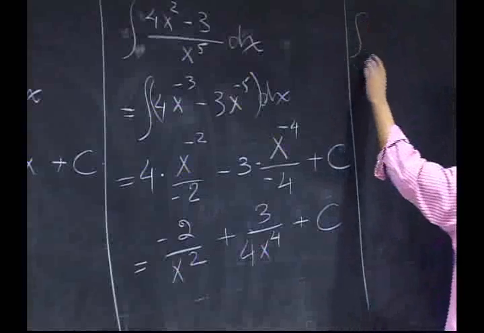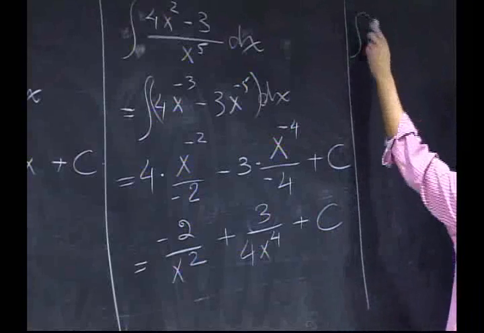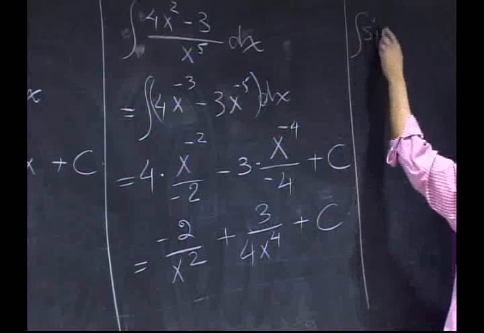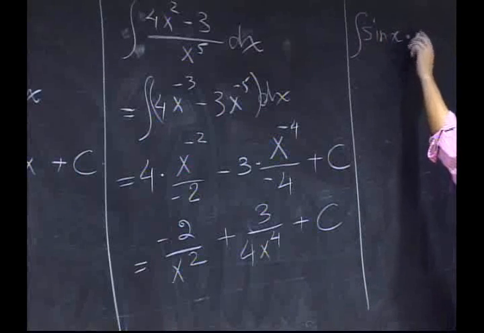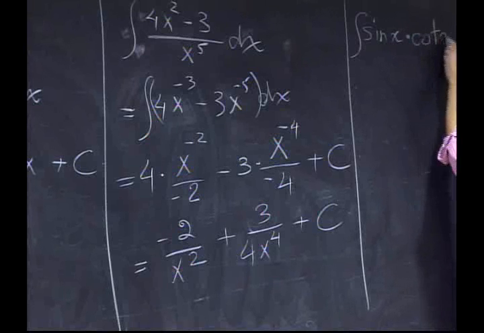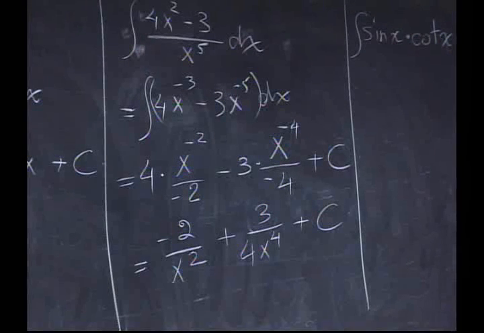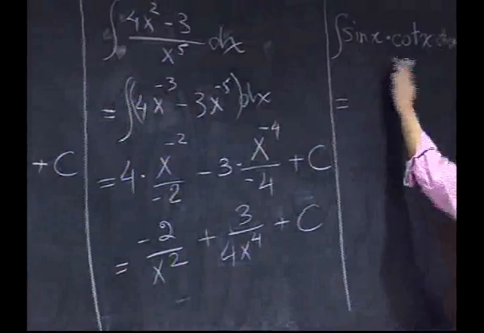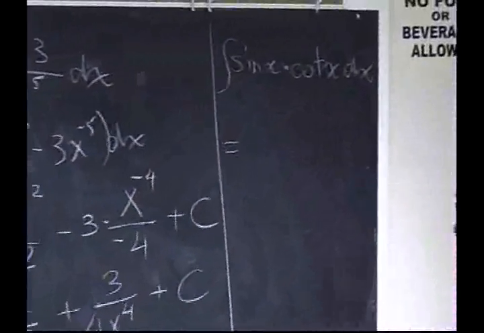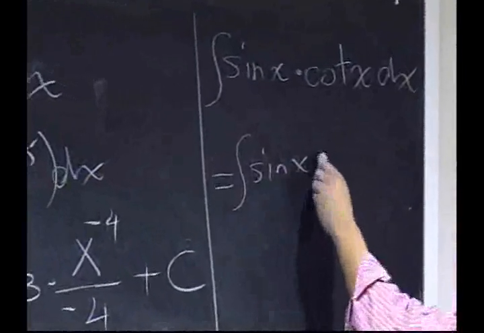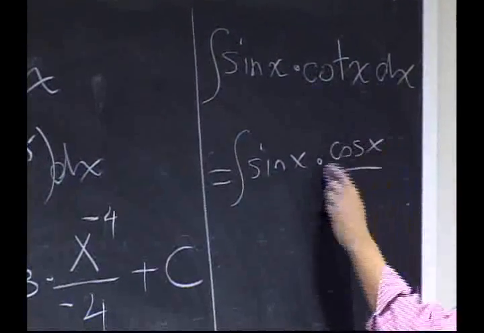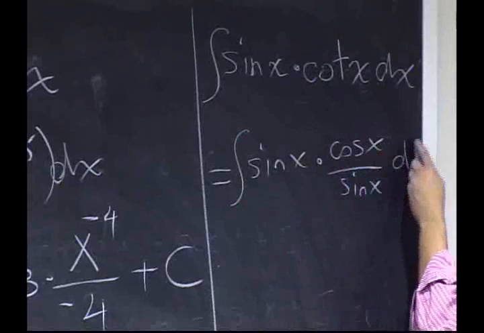So here's another one. Integral of sine x times cotangent of x dx. So how would I work this out? Well, this isn't part of my table. But that's okay. I can write this as sine x times cosine x over sine x.